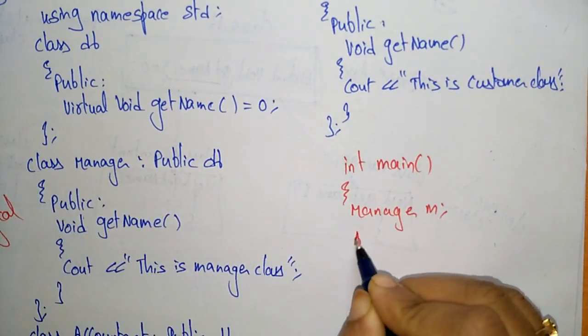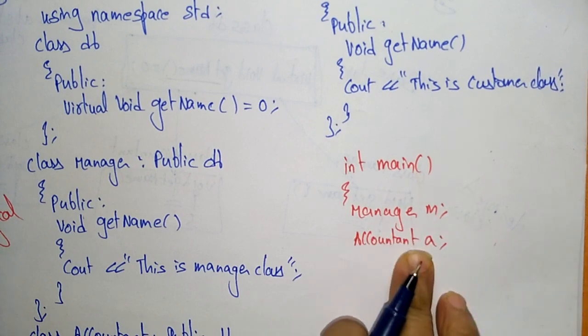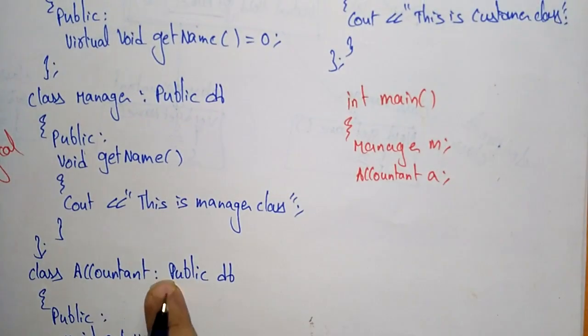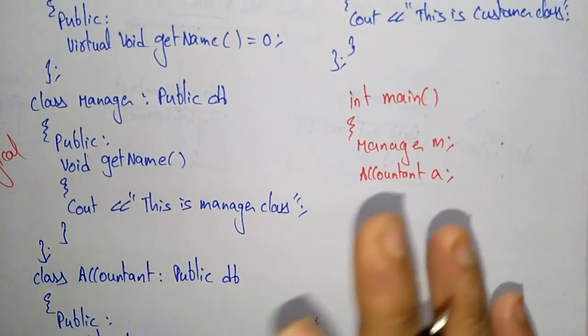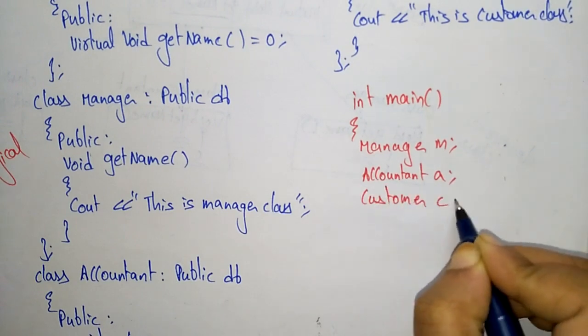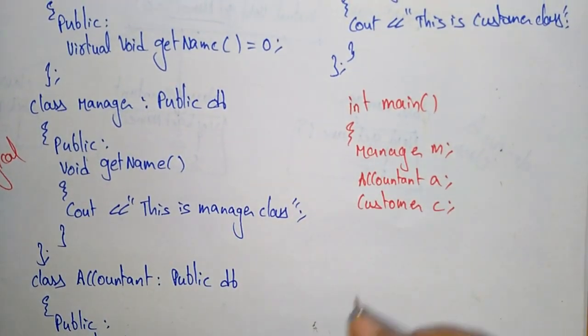At the same time, accountant A is an object. For the class accountant, an object is created and some memory space will be allocated. At the same time, customer. So for these three classes, objects will be created.